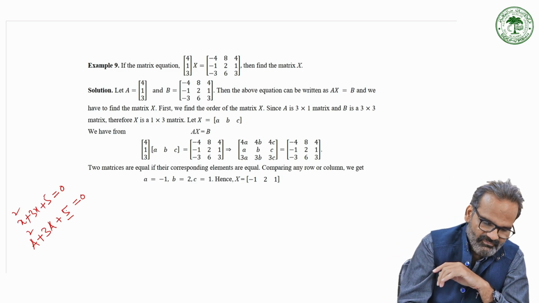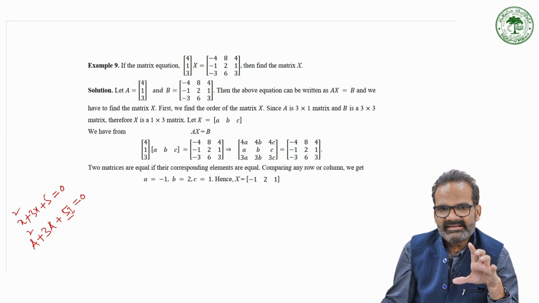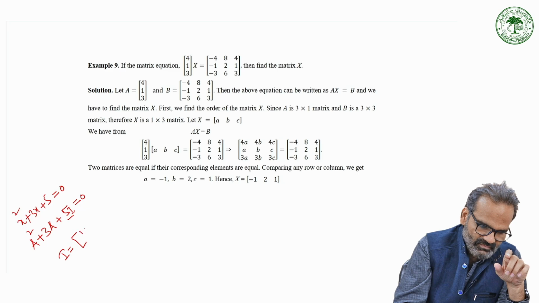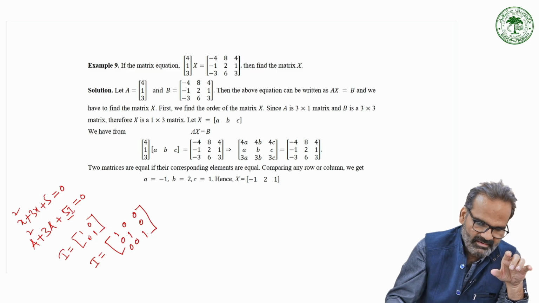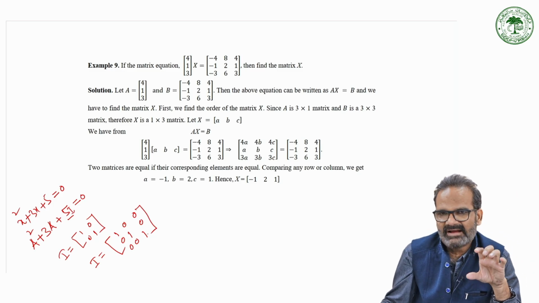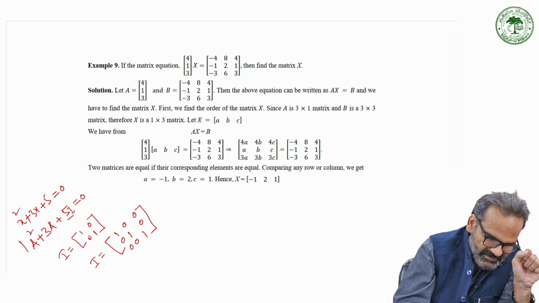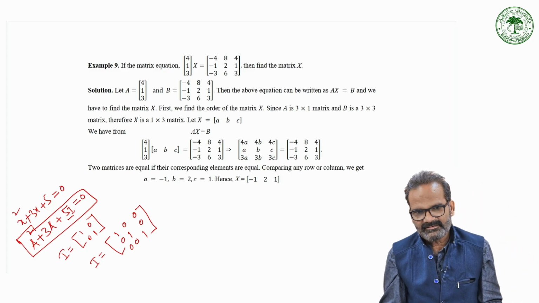So in place of 5, we use 5 of I. I is an identity matrix: I equals 1 0 0 1 if the order of A is 2, and I equals 1 0 0, 0 1 0, 0 0 1 if the order of A is 3. So the order of the identity matrix is exactly equal to the order of the matrix. So this equation is known as a matrix equation.